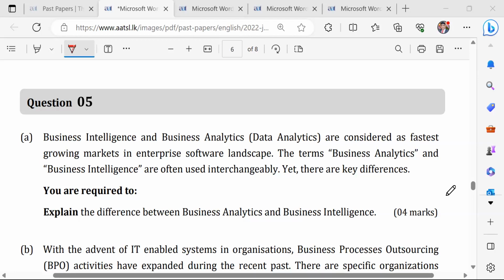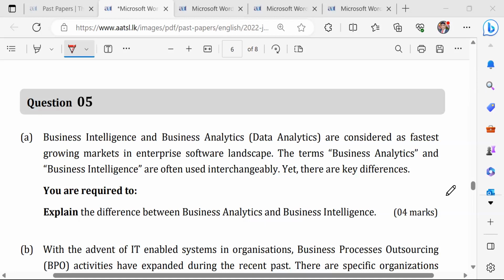Now, BI, business intelligence, is a set of methodologies, tools, and technology used to collect and process data, that means raw data, analyzing, processing, and creating information.